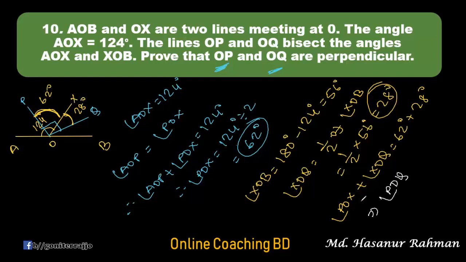Why? Because the addition of POX and XOQ should be POQ, and that is actually 90 degree. Since POQ is 90 degree, we can say POQ is the right angle and OP and OQ are perpendicular. And that is the answer of number 10. So OP is perpendicular to OQ.